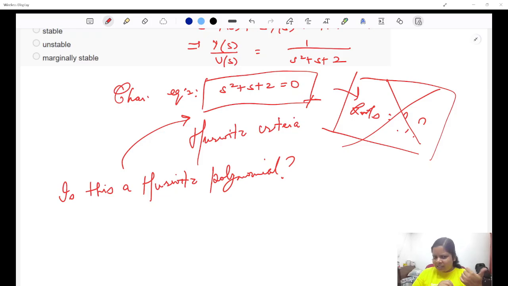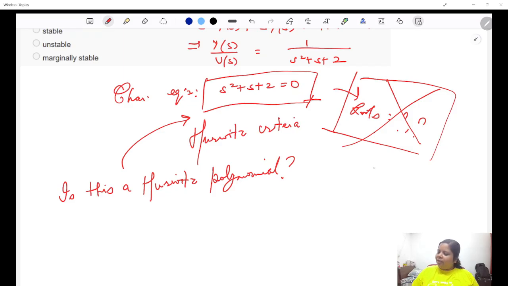Okay, they do have the same sign, and there was another condition. You are correct, they have the same sign, so that is true. There was another condition. Do you remember? Okay, so it is just that the coefficients of the s should be non-zero.